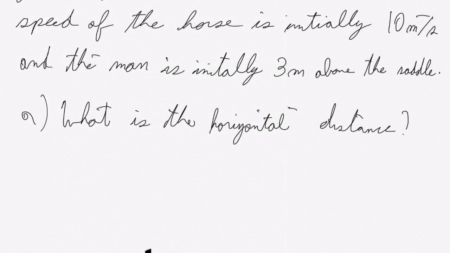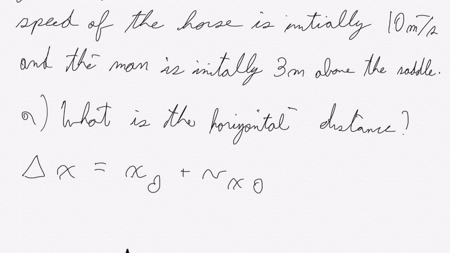The one we will be using today, if you have your AP Physics 1 equation sheet with you, is the change in x equals the initial position of x plus the initial velocity of x multiplied by time plus 1/2 of the acceleration in x times t squared. This is the equation we'll be using for basically this whole question.